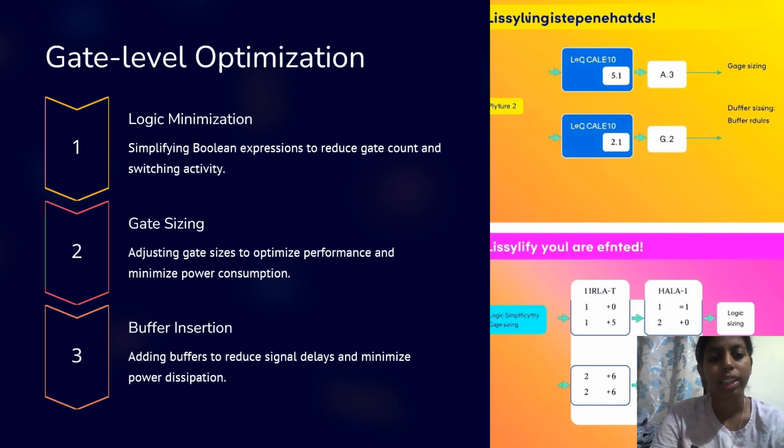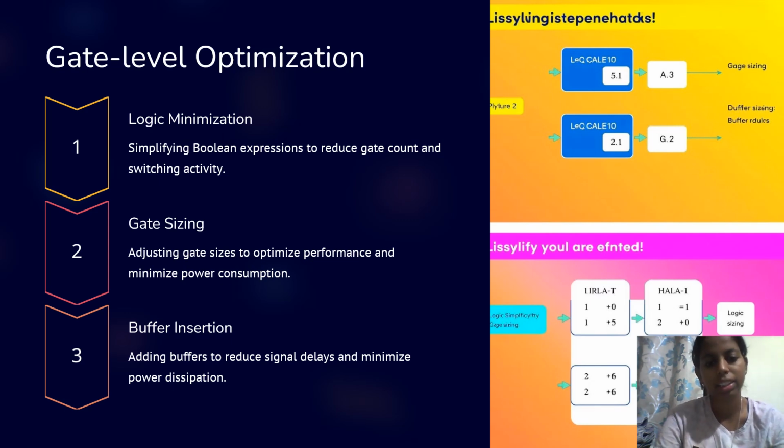The second one is gate sizing: adjusting gate sizes to optimize performance and minimize power consumption. As we say, VLSI works on making chips smaller in size, giving higher performance, and minimizing power consumption.